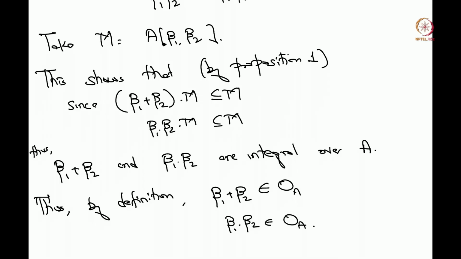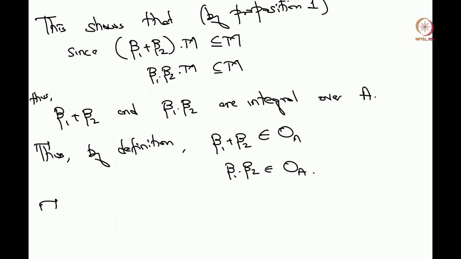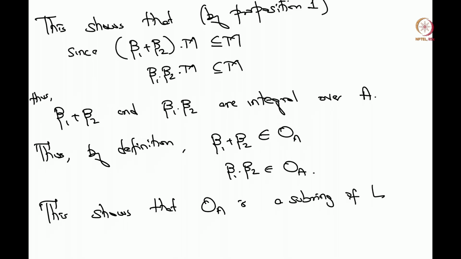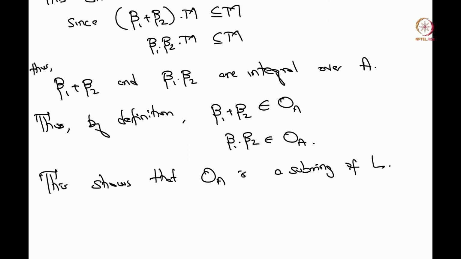Okay, so this essentially completes the proof. So this shows that OA is a subring of L. Okay, and I'll just make a note that OA is the set of all elements of L that are integral over A. So I'll just note that A sits inside OA.